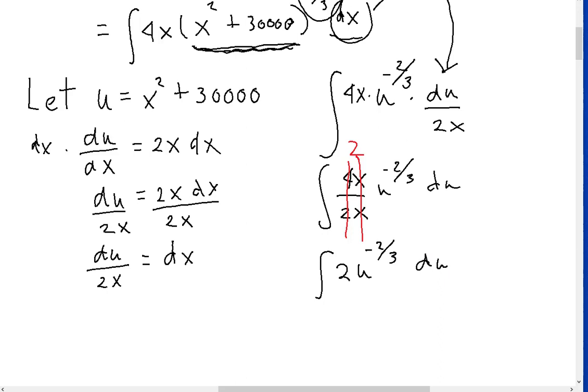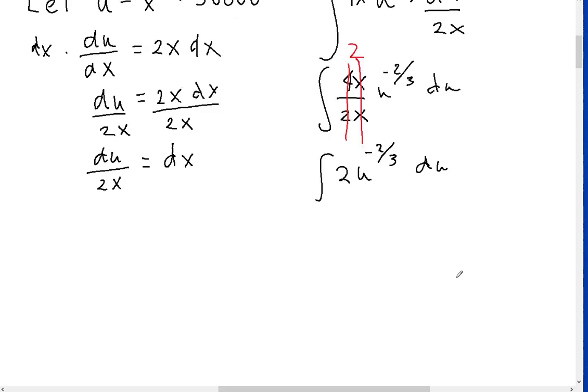Now we haven't integrated yet, but now we can integrate because we have a simple power rule integration problem. Whenever you have a base to a power like this, just a single base, just u, nothing complicated, all we have to do is, the constant will stay there. We're going to add 1 to the exponent, and we're going to divide by the new exponent.